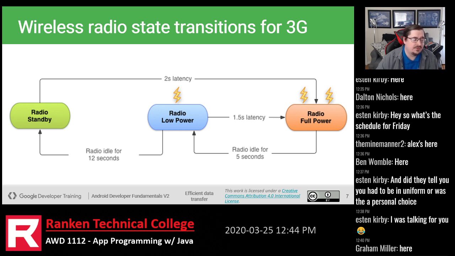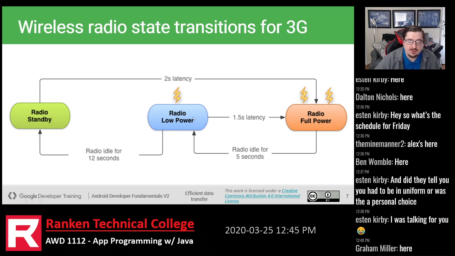But you can also see on the diagram that there's time for it to turn on. If we go from standby to on, it takes 2 seconds to turn the radio on. That means there's a 2-second delay on any network activity that you want to do. If you want to go get data, you're going to have to wait 2 seconds for that radio to turn on, and then it can make that request out to the internet.